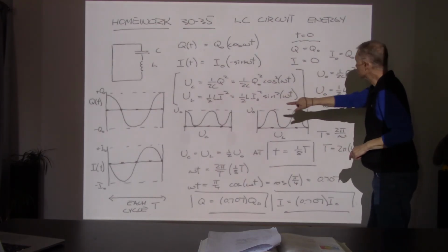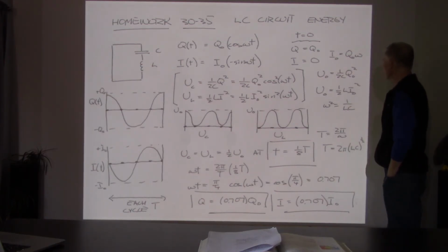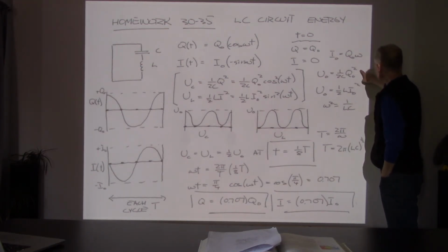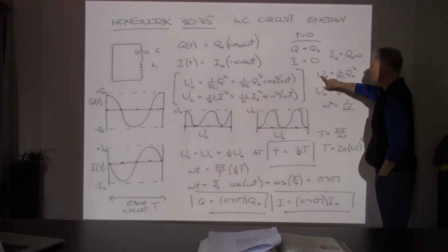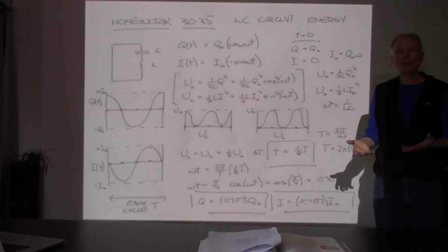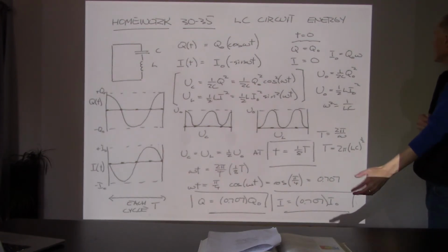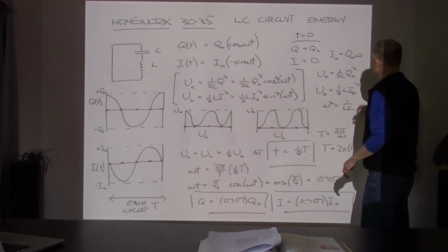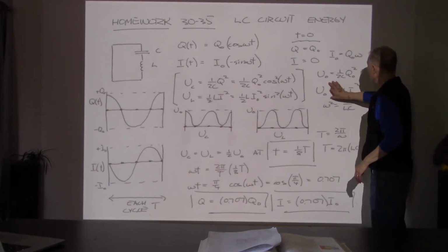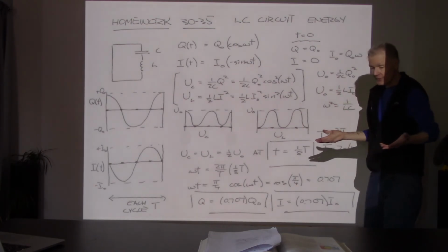When we take the derivatives, we can show that I naught is equal to Q naught times omega. So we can write the total energy in the system either as the energy in the capacitor at the instant when all of the energy is in the capacitor, or as the energy in the inductor at the instant when all the energy is in the inductor.